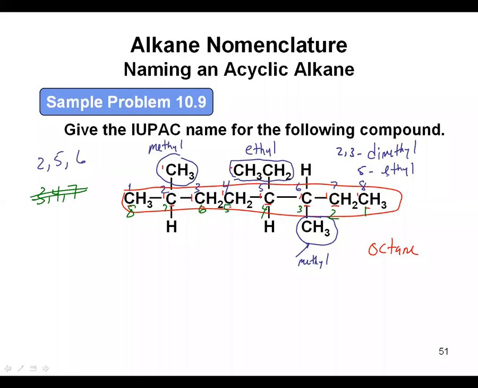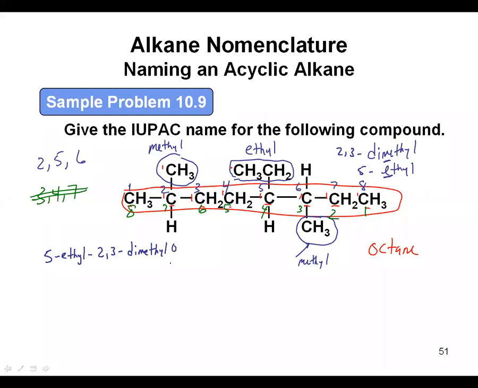So we are looking at E versus M, and E would actually come first, even though it has the larger number here. So this would be 5-ethyl, 2,6-dimethyl, and octane. That is quite a name right there.